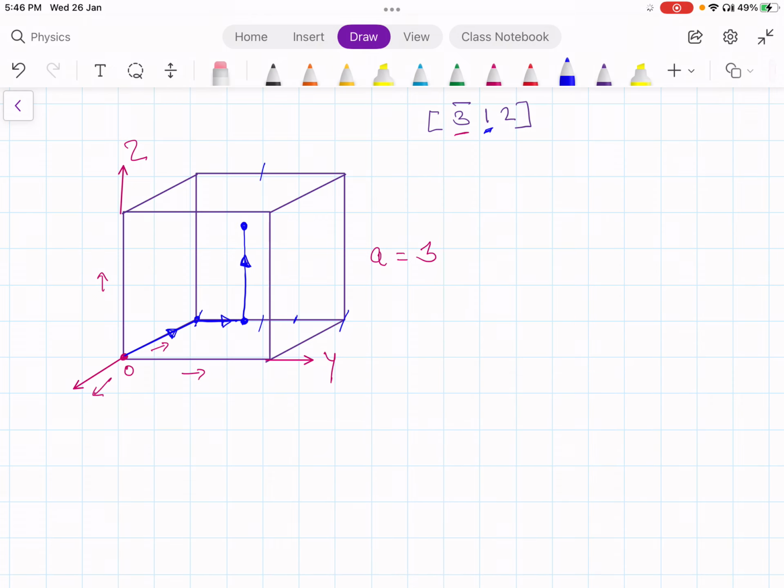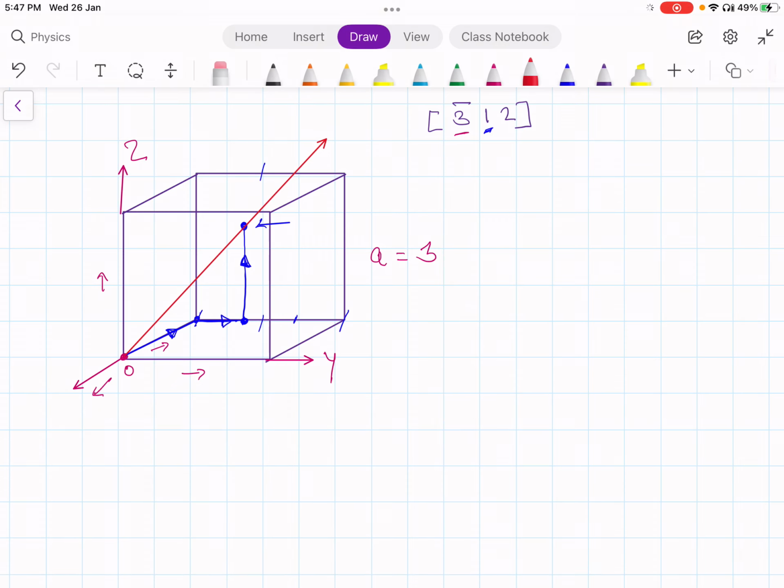Never forget to mark it by arrow. So this is the final point you got. So you have to draw the direction vector which is passing through origin and through the points so obtained. So this is the direction bar 312.